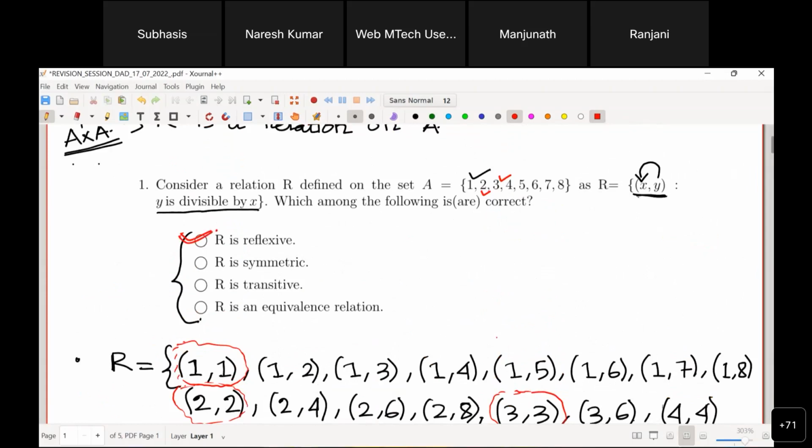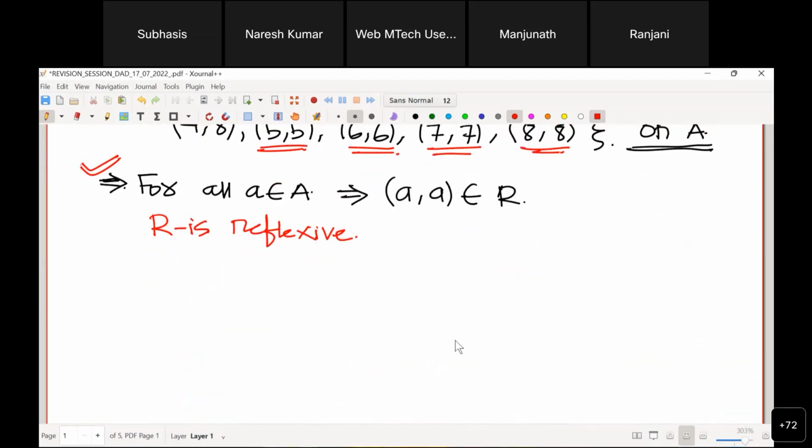The next option is to check whether this relation is symmetric or not. For symmetry, what do I need to check? The ordered pair and the reverse ordered pair should both be in the relation, like 1, 2 and 2, 1 should follow the condition of divisibility.